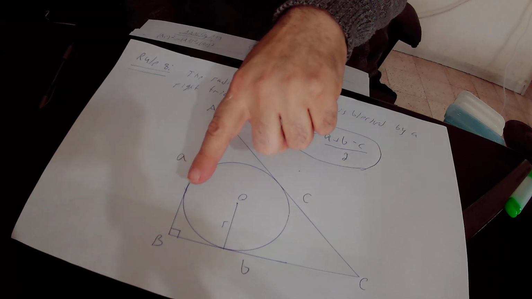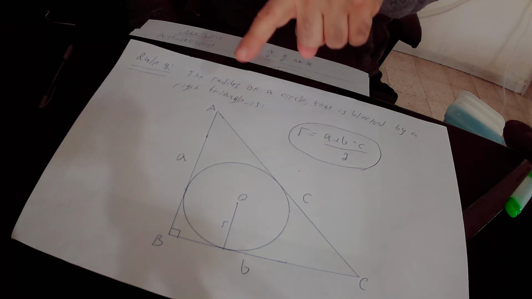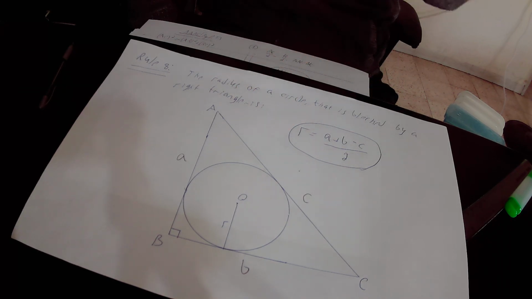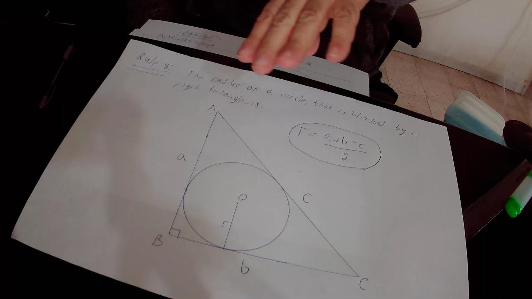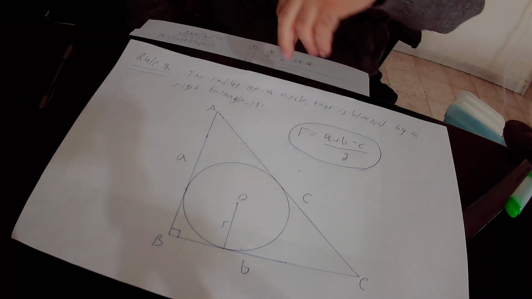This angle ABC equals 90 degrees. So according to rule number 8, we can know the length of the radius R only by knowing the side lengths of the right triangle that blocks this circle.